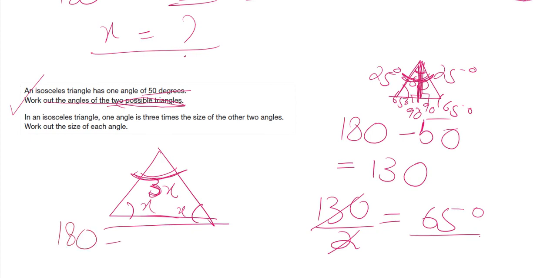So this whole will be equal to 180. We have to add up all these angles and take out the value of x. So work out the size of each angle. In this way you will work out the diagrams of triangles and find out the angles and the value of unknown angles.